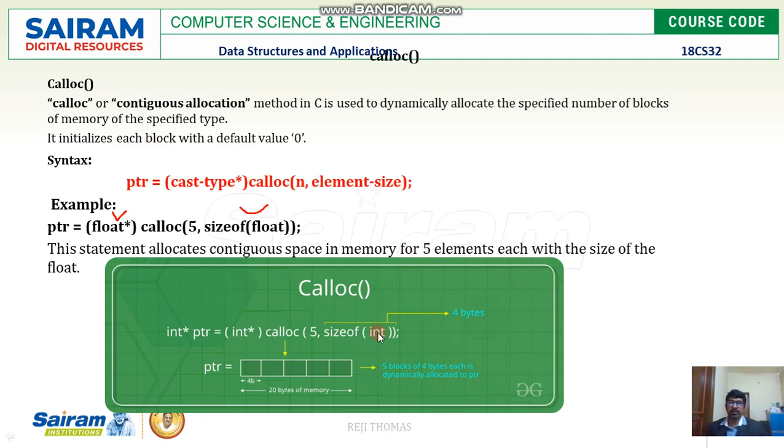If it is an integer, which takes an integer value, I have taken it as integer. So I'll be getting spaces for 5 integers, and 5 blocks of 4 bytes each are dynamically allocated to ptr. See, this is the first block, the space for the first integer, then second, third, fourth. Separately these will be allocated.